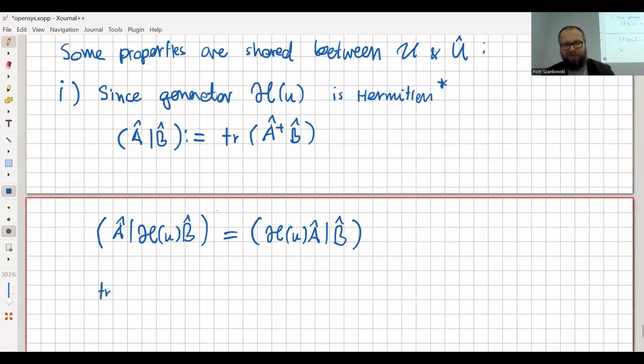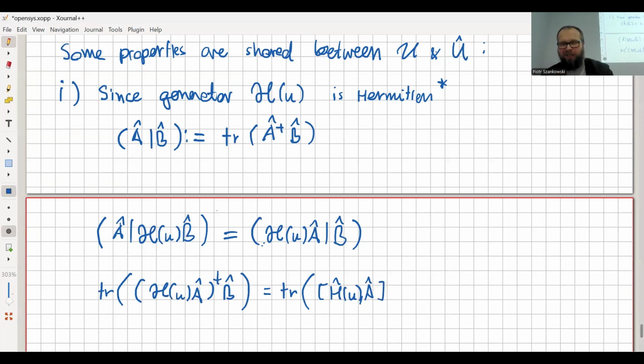If we start from here, we would have the scalar product of H U on A, dagger, with B. But this is just the commutator of H U with A, dagger, B. But this is A dagger, H U times B, right?